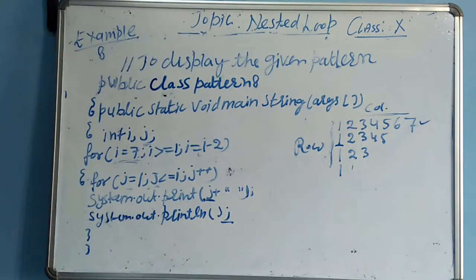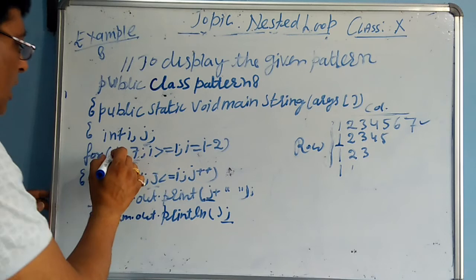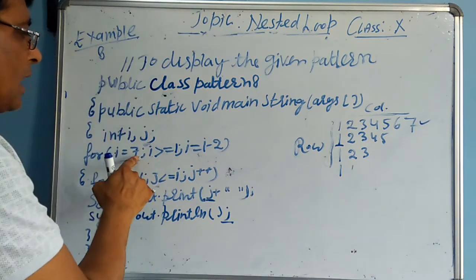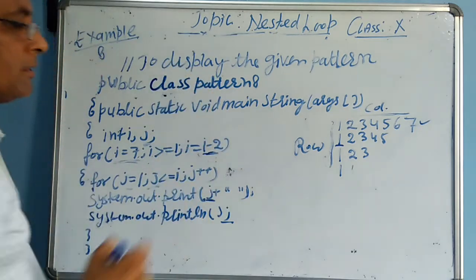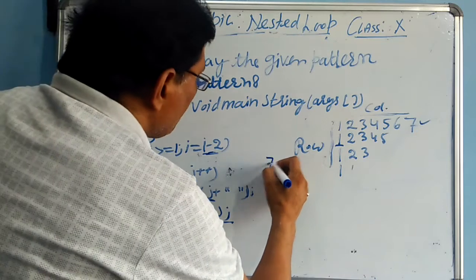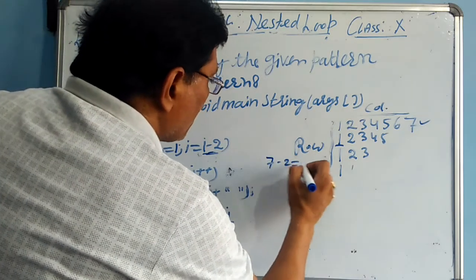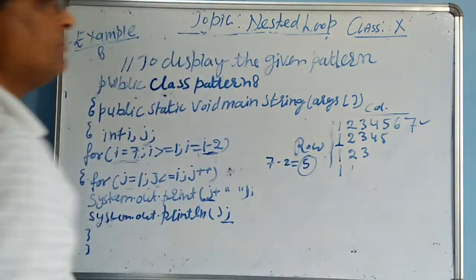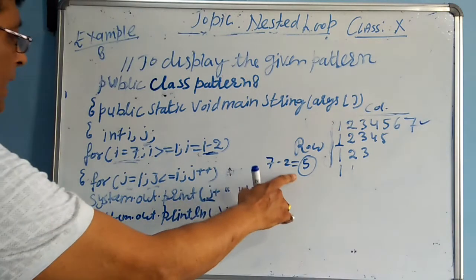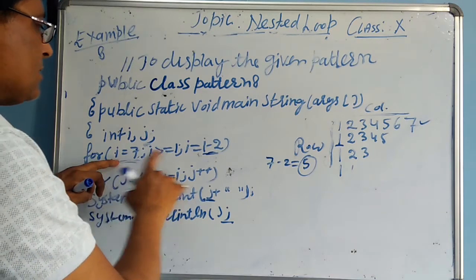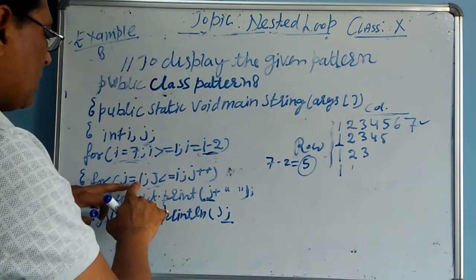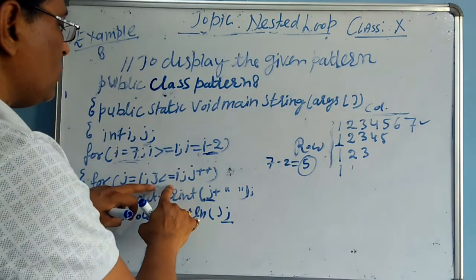Now the second row. What is the value of i? i is 7, but the iteration decreases by 2, so 7 minus 2 is 5. Now we will check: i is 5, j is equal to 1 and j is less than or equal to i.